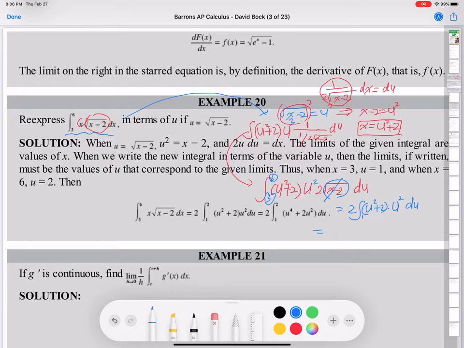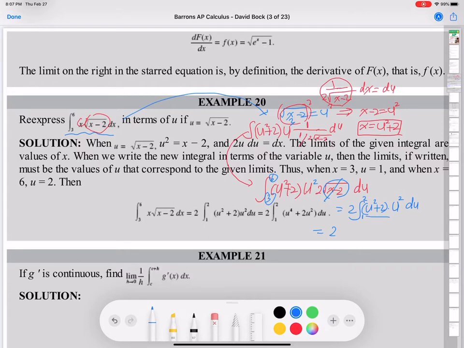If x is 6, radical 4, that's 2. So 1 to 2. That makes sense, right? We just change the x values to u values using the equation square root of x minus 2 equals u.